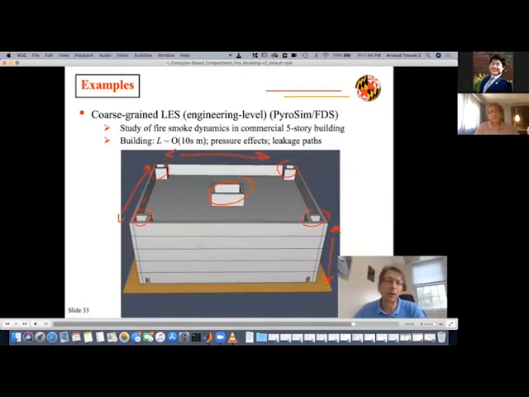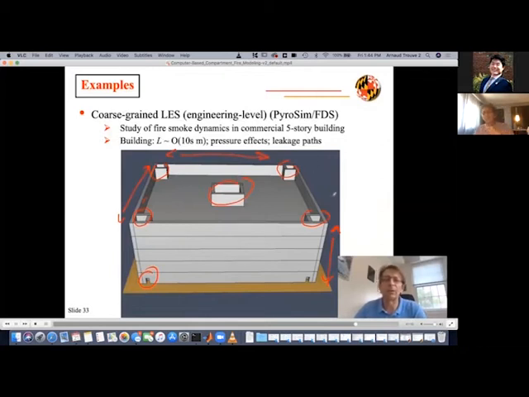And we study this problem with different levels of leakage between the floors and the different spaces, the stairwell and the elevator shaft. We also look at different configurations for the doorways in that building. And we have a fire on the ground floor of that building and look at the smoke transport.